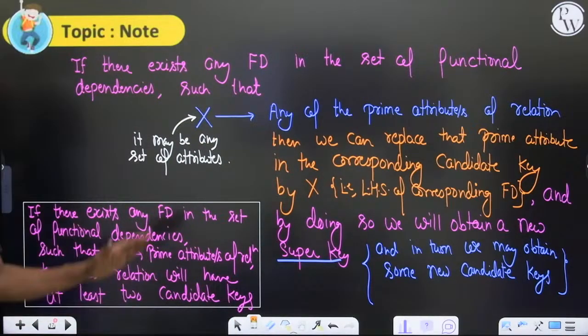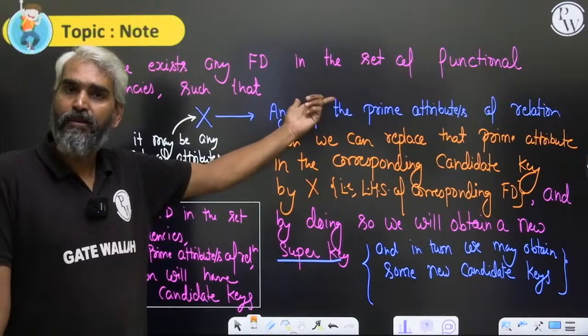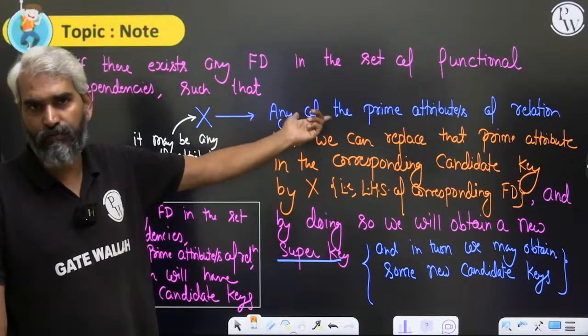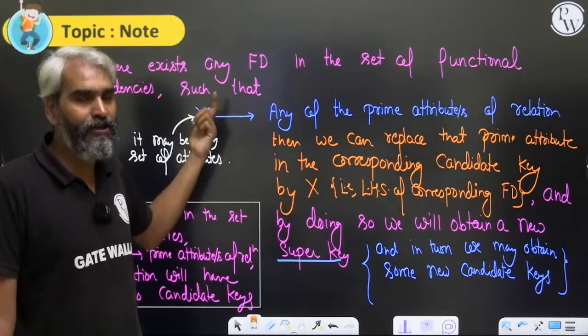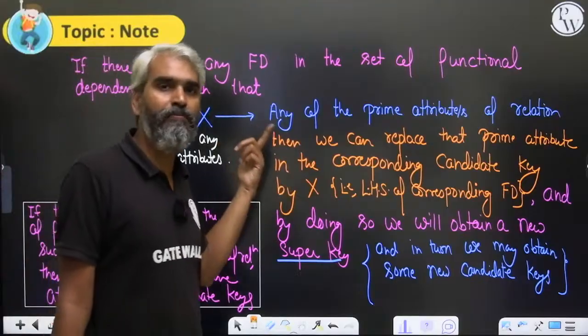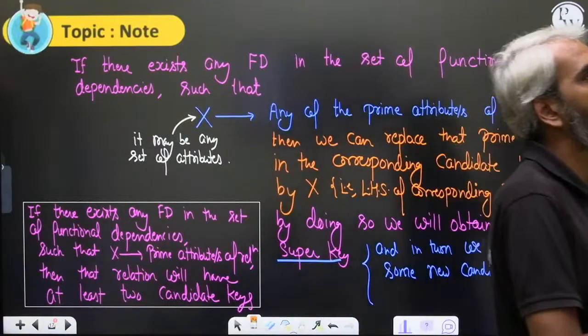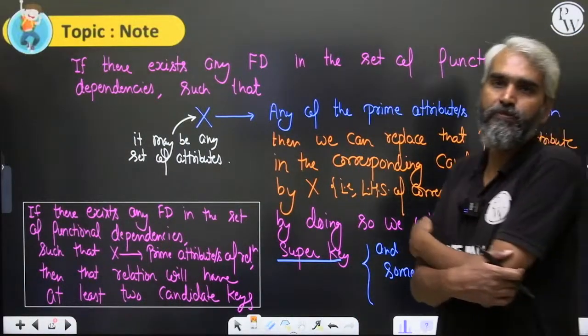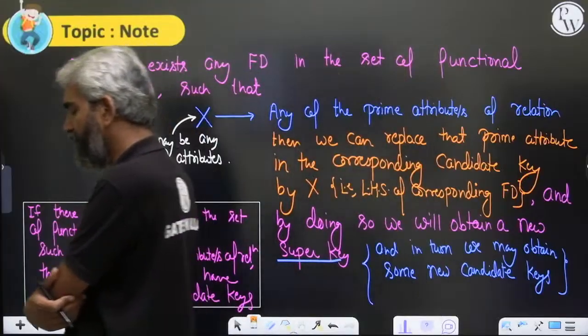Clear? Is this clear that X implies Y? So if Y is part of a candidate key, then whatever can be done by Y can also be done by X. So in that key, you can replace Y by X and you will get a new super key, and with respect to that, you may find some new candidate keys as well.